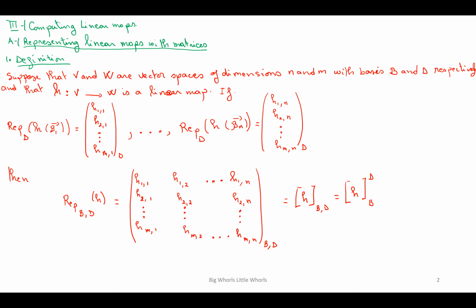So this matrix we have just written is the matrix representation of h with respect to the bases B, D.